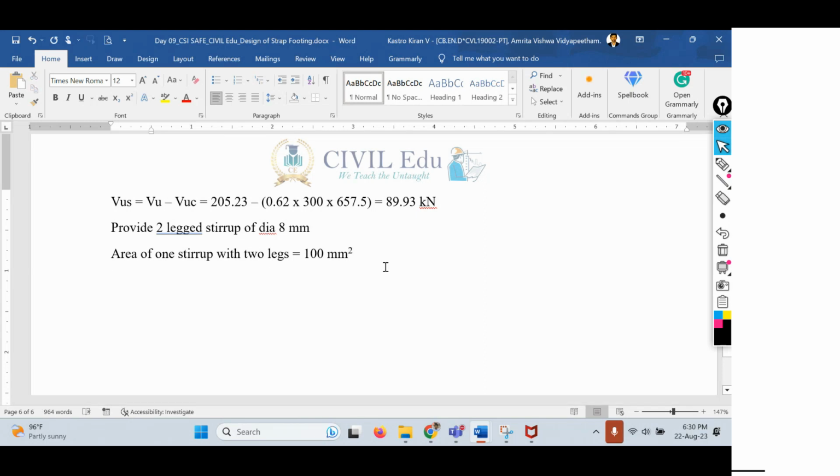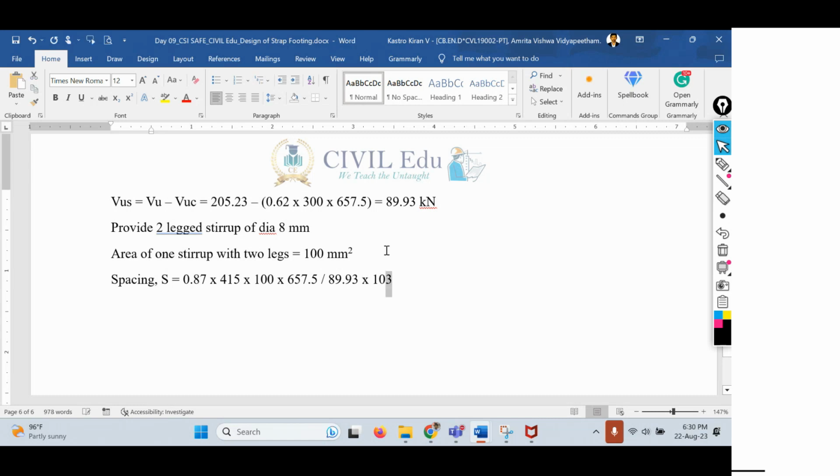Now we have to find the spacing. Spacing S of the stirrup equals 0.87 into Fy, that is 415, into the area of one stirrup, that is 100, into the effective depth, that is 657.5, upon the VUS value, which is 89.93 kilonewtons.